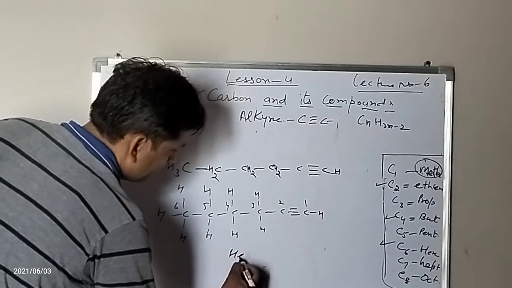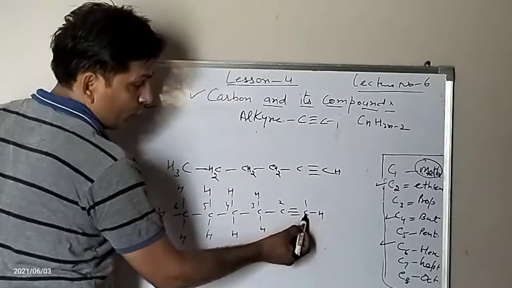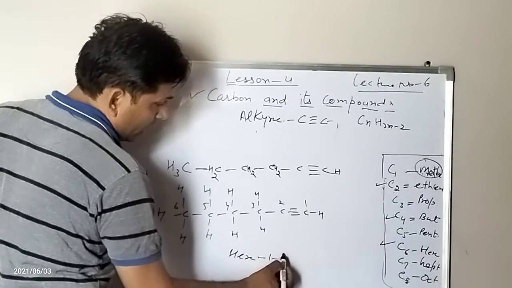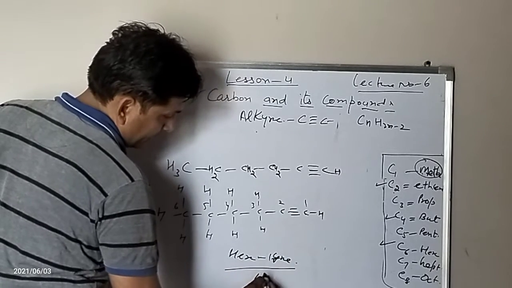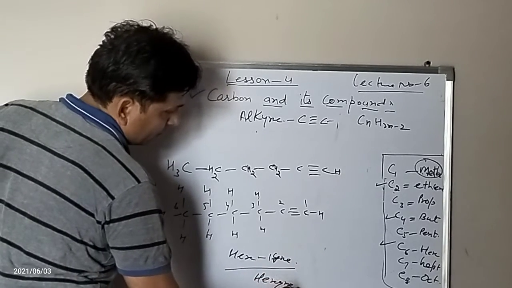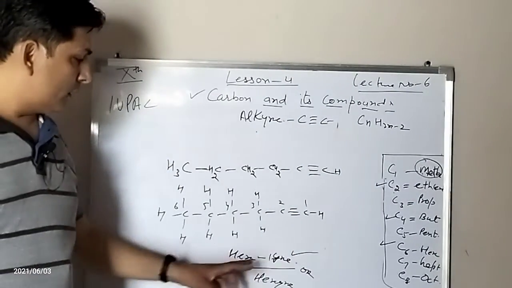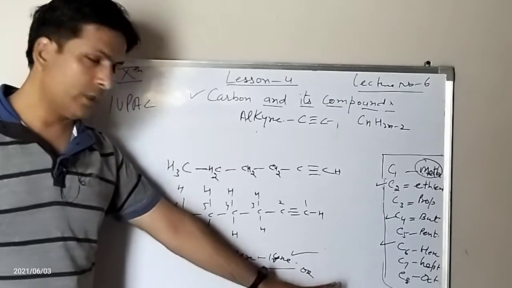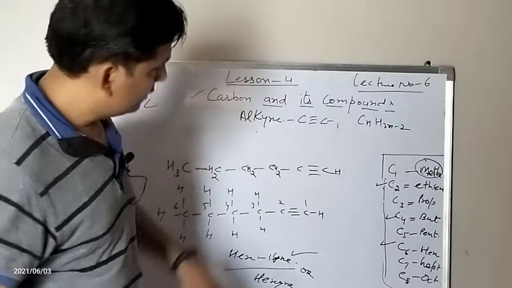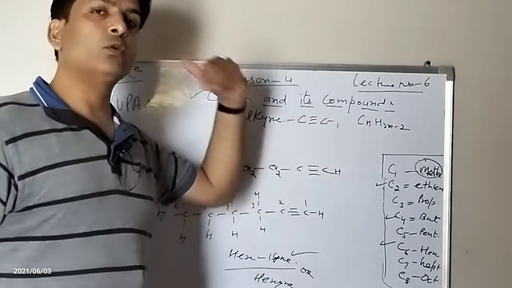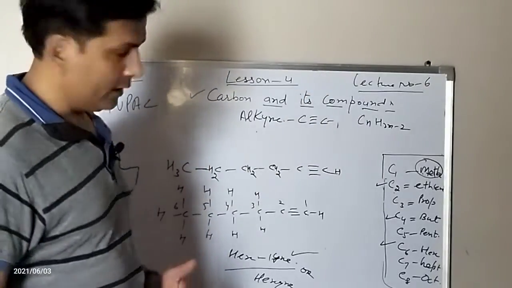Then the triple bond is at position 1, hex-1-yne, or simply hexyne. This is the best way to write the name, hex-1-yne. Got it? This is the way with which you can write the structural formula, molecular formula, and electron dot structure of any alkane, alkene or alkyne.